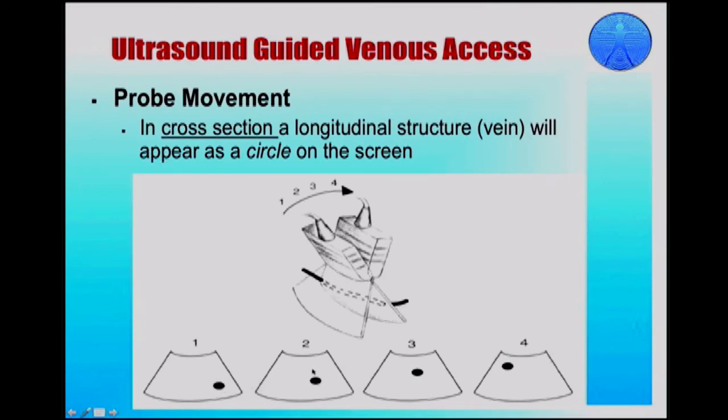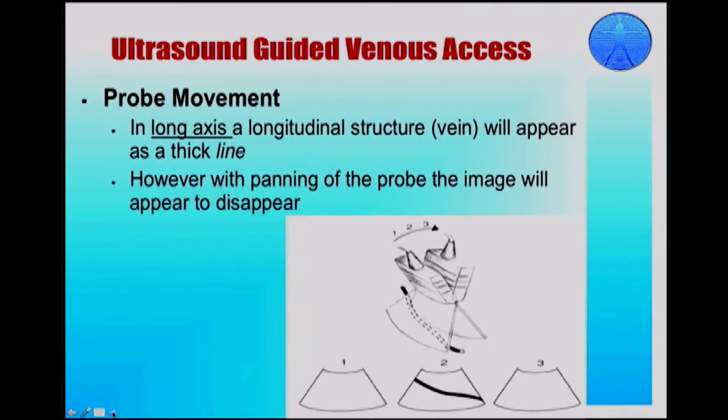But we have to move the probe up and down the vein to see how that vein changes in the skin. If we never move our probe, then this image never changes. It's the same CT scan slice. And we see that as we move it up the vein, it becomes more superficial, and we can build that 3D mental image by compiling all of these CT scan slices into a 3D mental image.